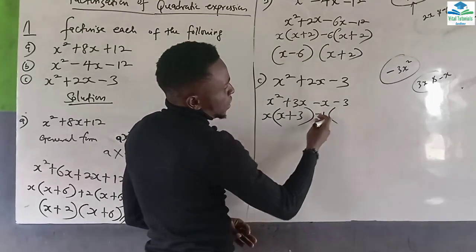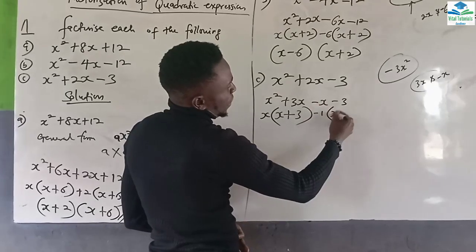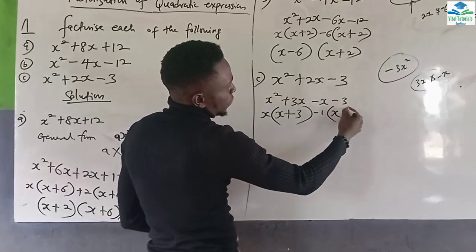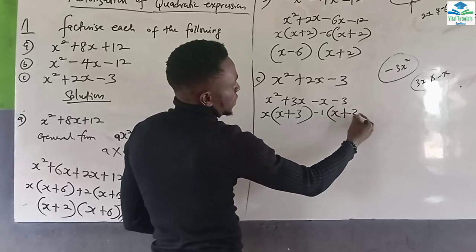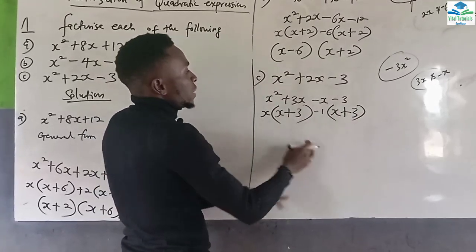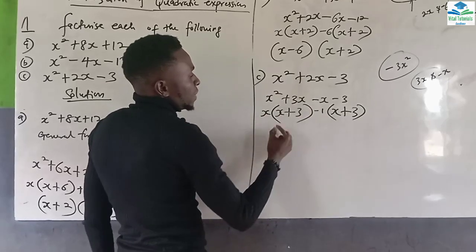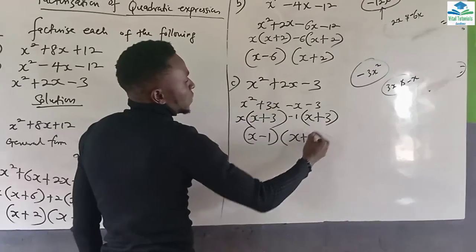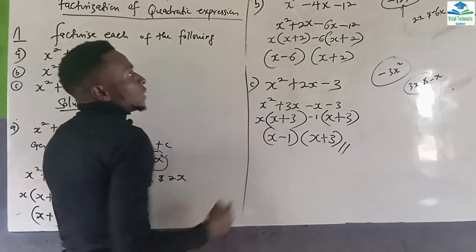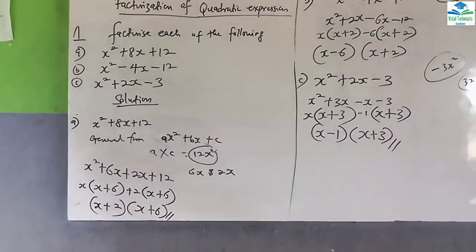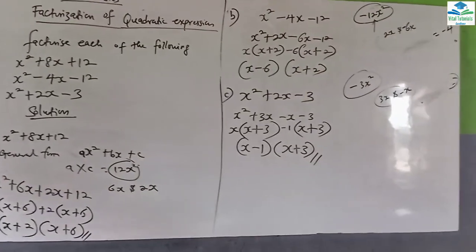Bring it out. This minus cancels this minus, you have x there. Minus cancels this minus, you give it plus. Then 3 is left there. You can see that what is here and what is here are the same, so we're on the right track. You pick this and this, bring them together: x minus 1, brackets, x plus 3. So that's how you factorize a quadratic expression. You can practice more in your textbook. You are good to go.